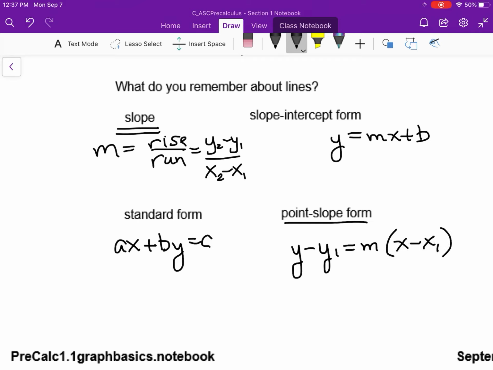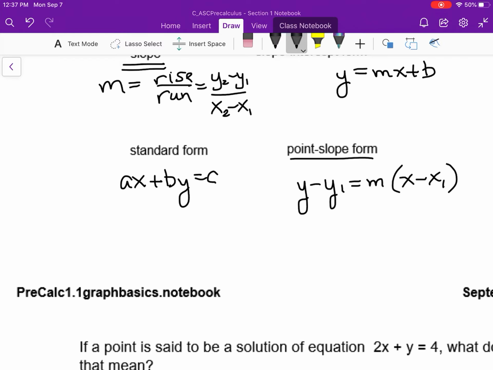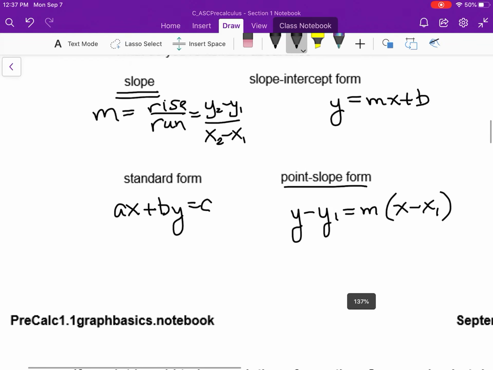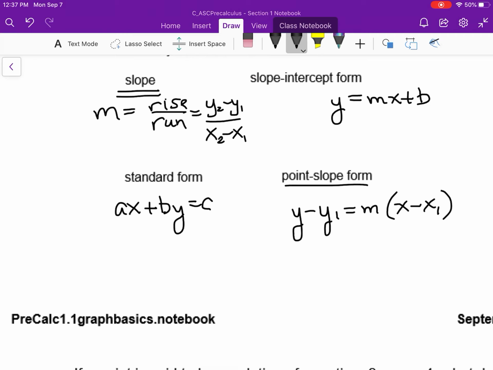Again, we'll talk more about these later. Sometimes that's helpful when we have to write an equation if we're given a slope and a point or 2 points, and we'll do that a whole bunch. Okay, but this is just to get your memory back in, and you can tell me what you don't remember. So when you comment on the video, you can say, oh, I don't remember this, I remember all of that. Okay.